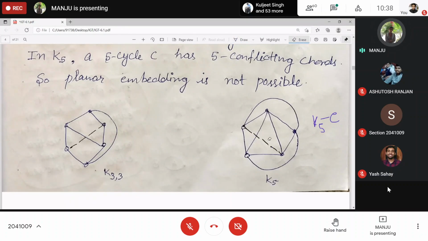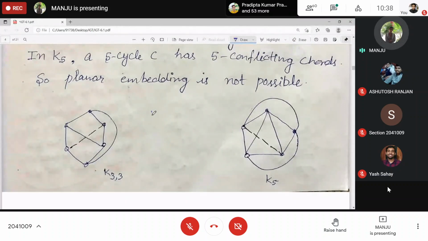We cannot draw inside, we cannot draw outside. Clear? And for this C5, you cannot draw inside C5, you cannot draw outside. If we draw outside, it is crossing this edge, so non-planar. If we draw inside, it's crossing this edge, non-planar. So by the definition, we are not able to draw this. That's why it is your non-planar graph.